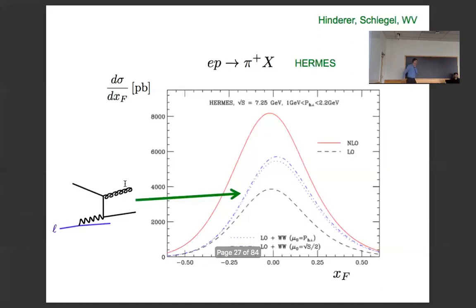Can I ask, if these contributions with the low Q square photon are important, is there also a contribution from resolved photons? Yeah, we looked at that also. A very good question. It turns out to be not so big, like a 10% effect on the cross-section.